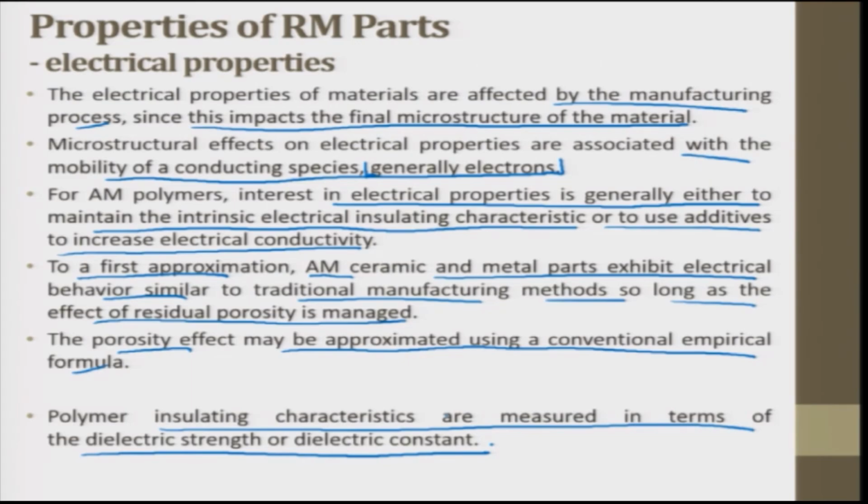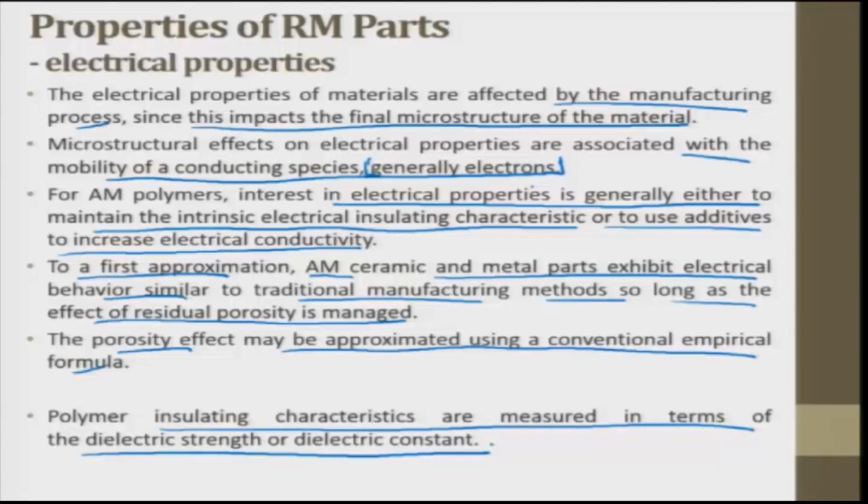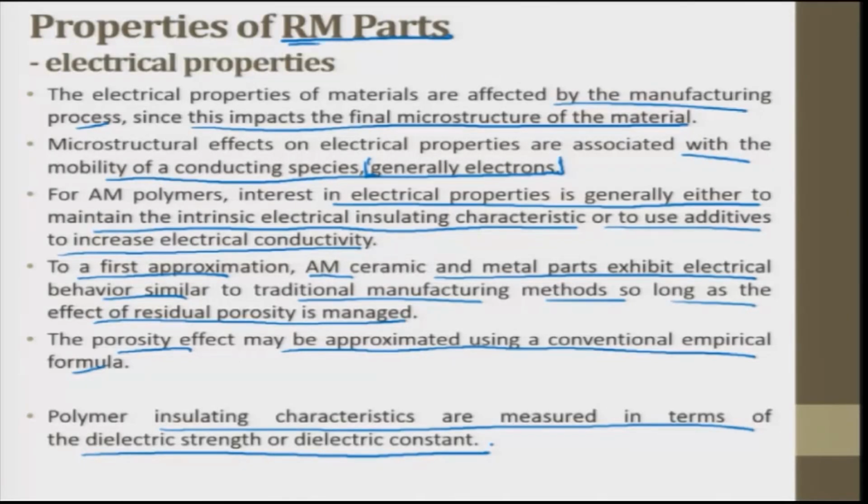We are not moving into the mathematics or the models to determine the electrical properties and porosity, but porosity is the one that determines electrical property because the flow of electrons has to happen. So, carbon or other constituent materials can be added to improve the electrical properties, and we can get a composite material. Functionally graded materials can also be obtained to have better electrical properties in rapid manufactured parts.